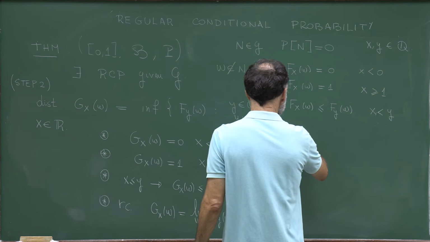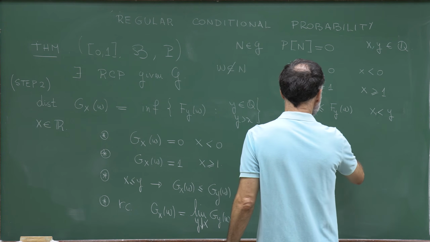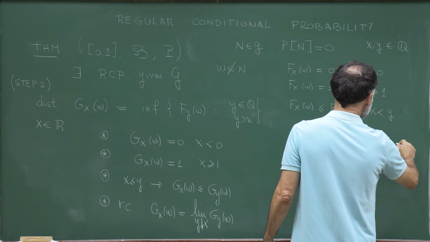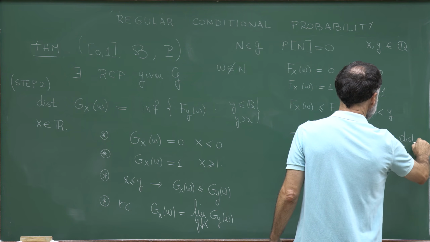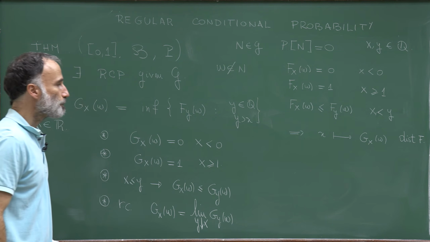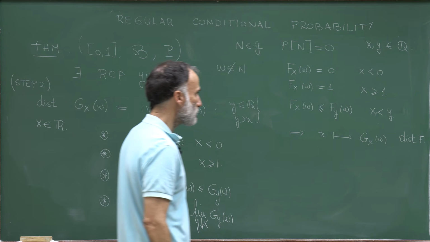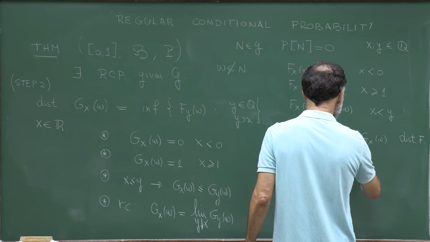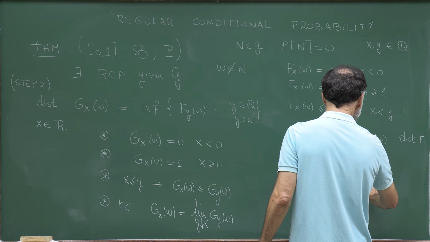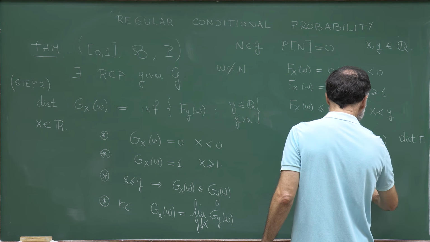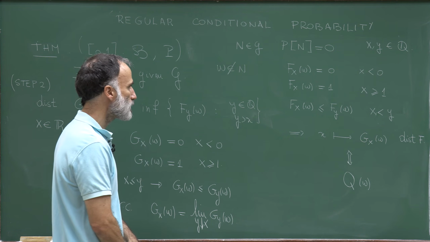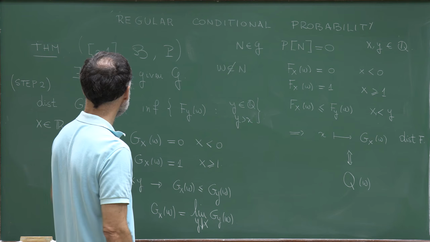And this means that as a function of x, g_x(ω) is a distribution function. And we have seen that there is a one-to-one correspondence between distribution functions and measures. And so I will represent by Q(ω) the measure which is associated to g_x. So what did we do in this second step?